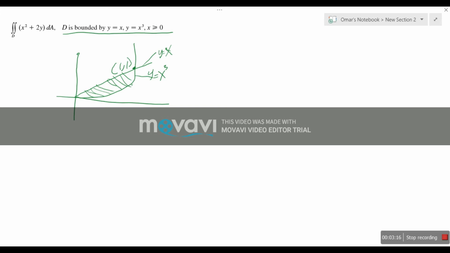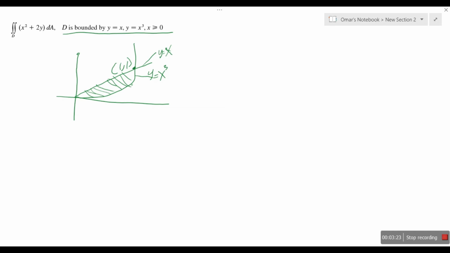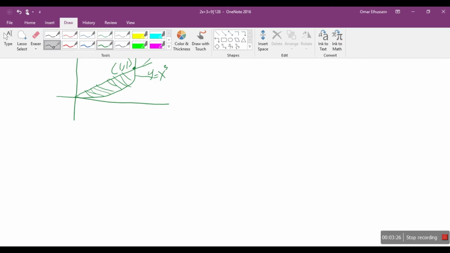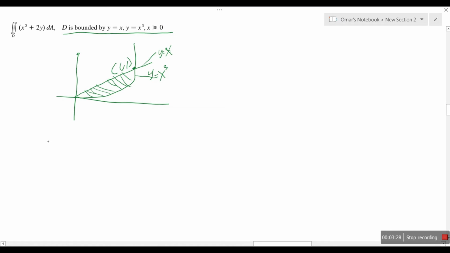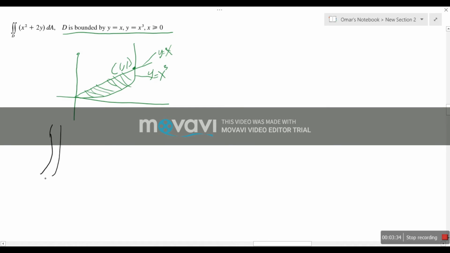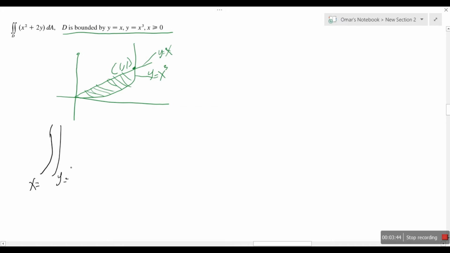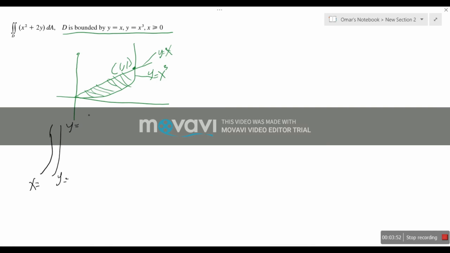Let's set up our integrals. Let's do y. Our upper bound should be the highest.